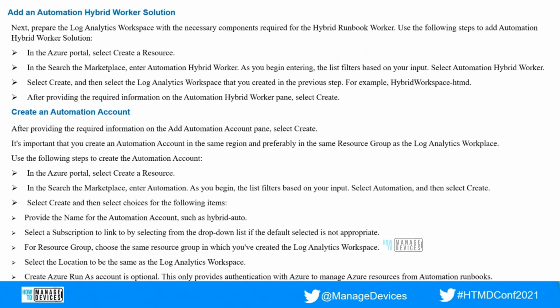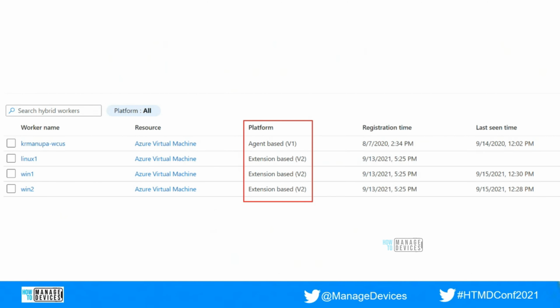It is going to ask you the name. Use the service account which you're using with your SCCM. It's going to ask for the credentials, and once you enter them, it is going to create the account for you. When you create the runbook worker server, you can go back and select this account to execute the jobs from Azure in your SCCM infrastructure.